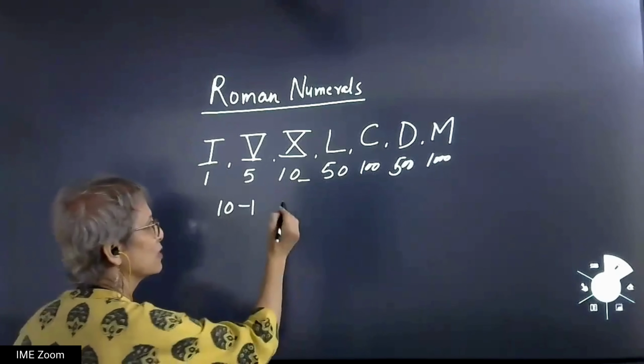This is wrong. We cannot write 99 as IC. No, that is wrong. Even 499 as ID is wrong. All these are wrong. So how are they written then? Let us see.